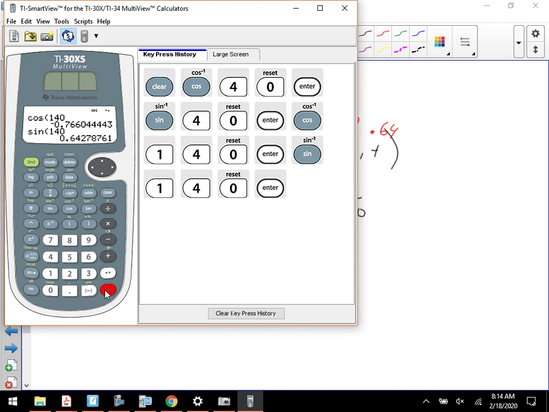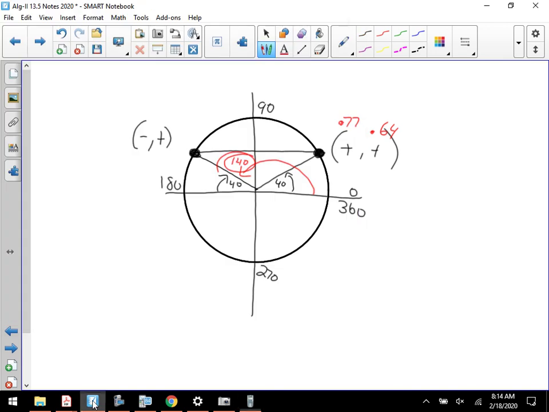Do you see what just happened? As it rotated over, this is called a reference angle, how many degrees it's up off of the x-axis. It just moved over horizontally. The ordered pair didn't change. It only became negative 0.77 and positive 0.64.